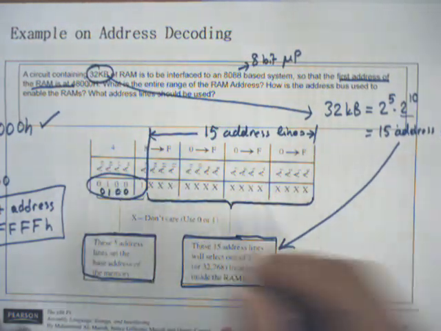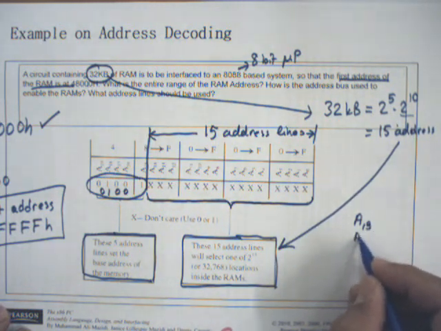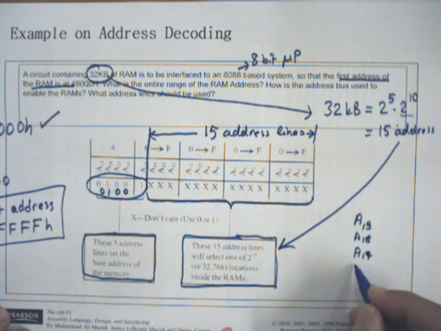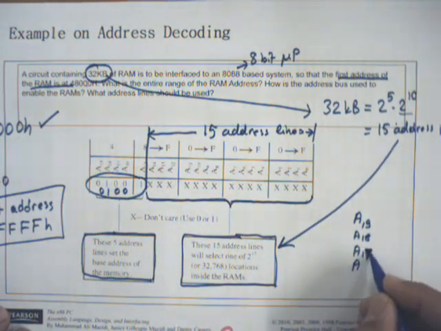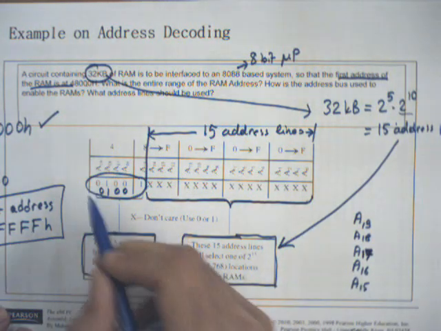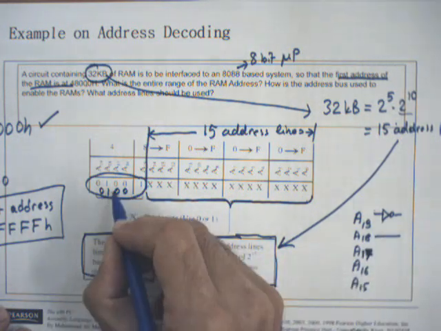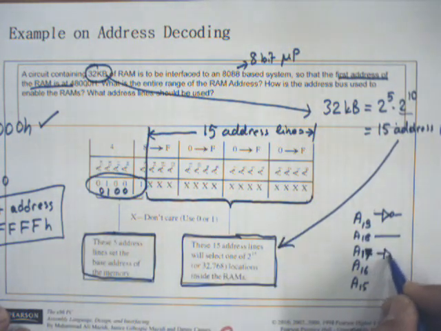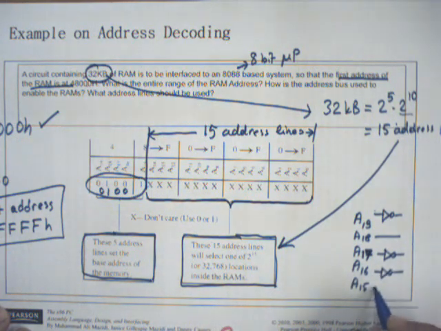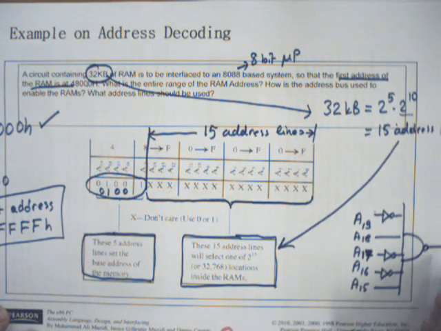In order to select it, we can design an address decoding circuitry. So this is A17. And whenever this is 0, this is 1, this is 0, this is 0, and this is 1, my output is low.